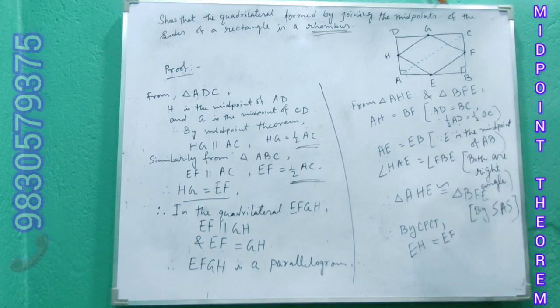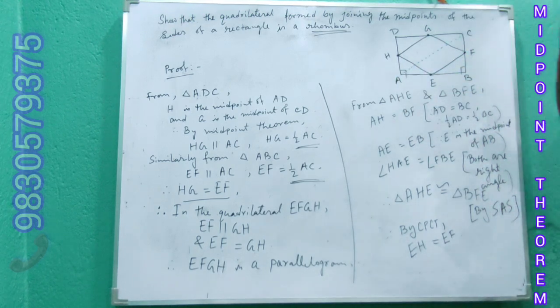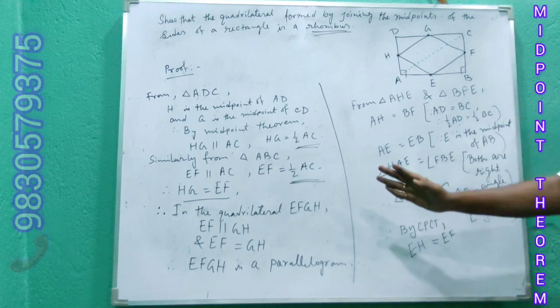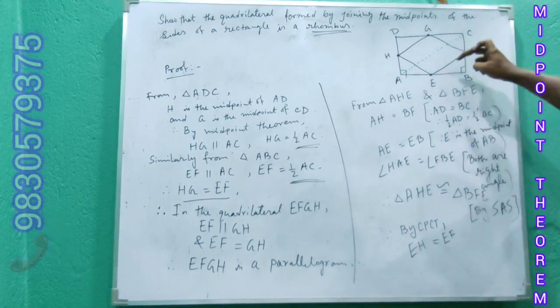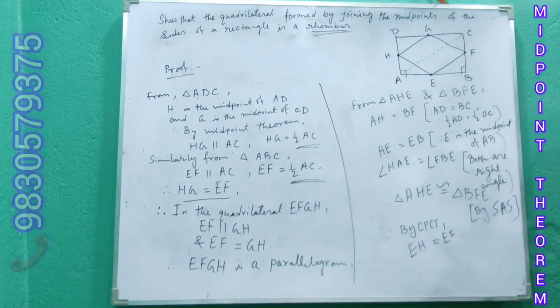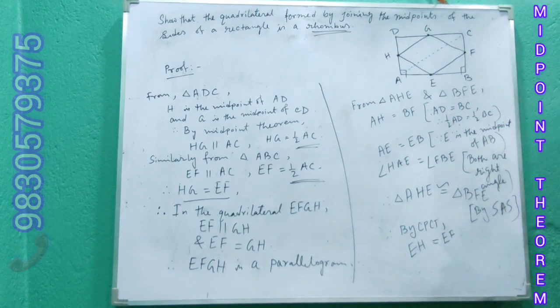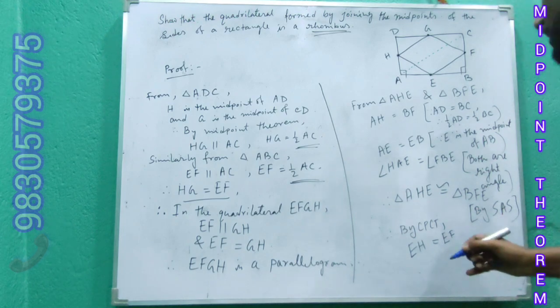See, EFGH is a parallelogram, but its adjacent sides are equal. That means four sides are equal. Therefore, it will be a rhombus.